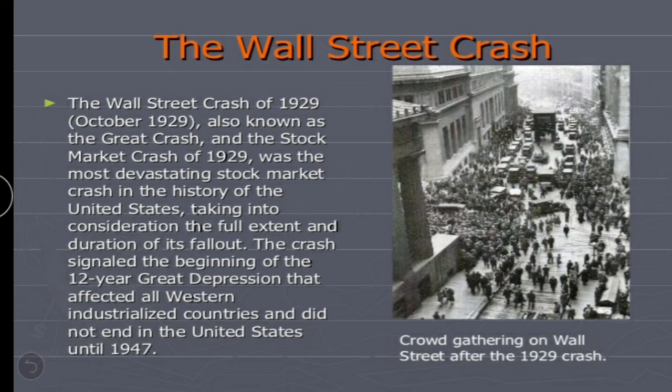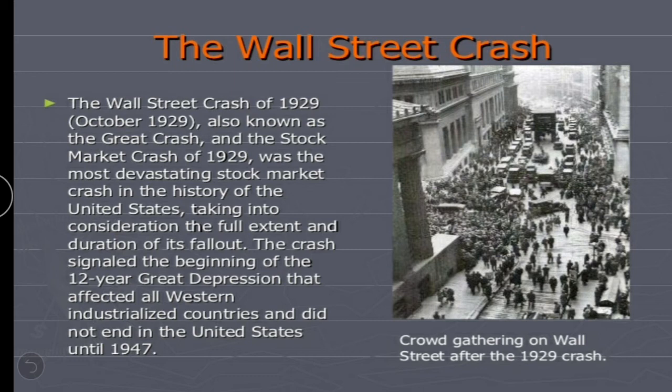It crashed in the year 1929. Here, fearing a fall in prices, people made frantic efforts to sell their shares. On a single day, on 24th of October, 13 million shares were sold, and thus began the Great Economic Depression.